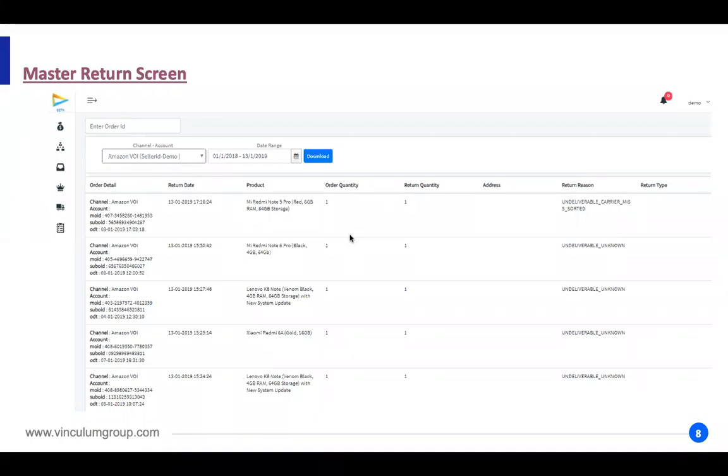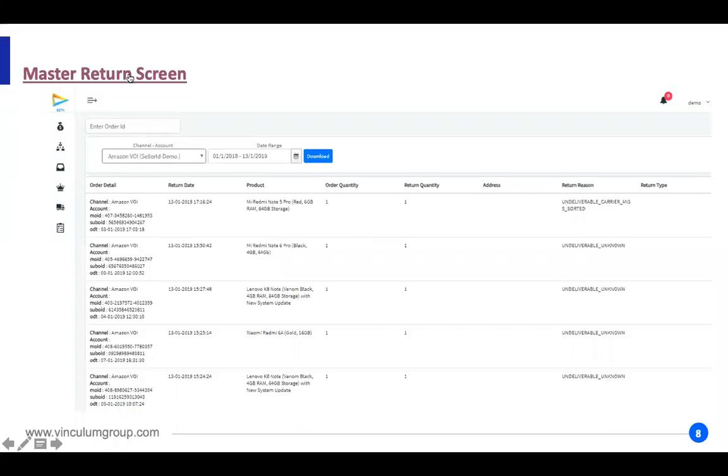A part of the commission may be held back by the marketplace, that is Amazon. So you need to calculate exactly what has happened with that particular order ID, or whether the return has actually come back to you at all or not. If it has not come back to you, you are eligible for a reimbursement. Has that reimbursement come to you or not is the question.